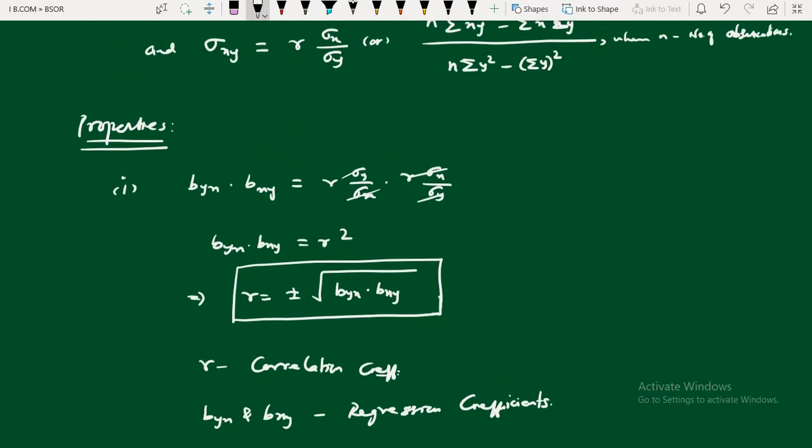This is one important property we are going to use as a formula in some problems.